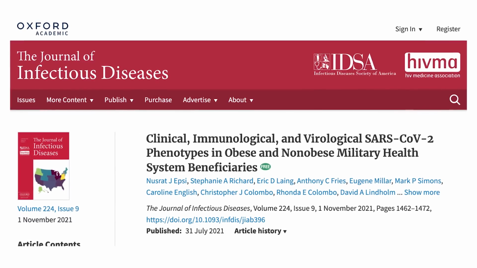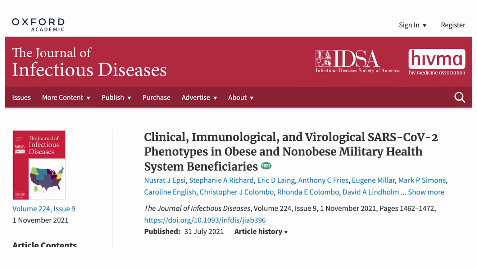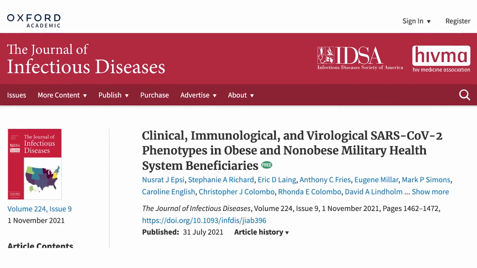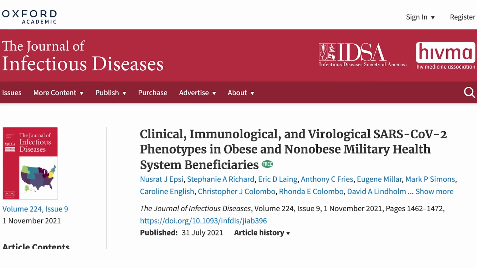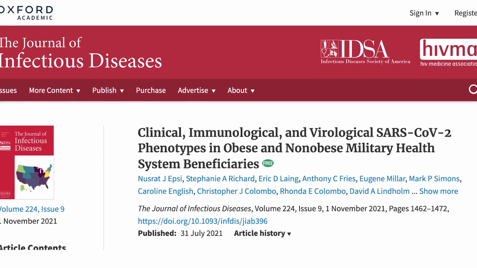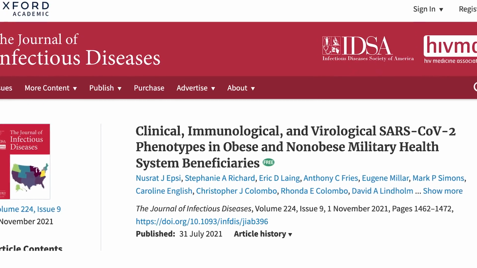A new study published in the Journal of Infectious Diseases titled Clinical, Immunological, and Virological SARS-CoV-2 Phenotypes in Obese and Non-Obese Military Health System Beneficiaries. This is a data set taken from folks who are military family members and the like who are utilizing military health system benefits. And also, of course, some folks who are in the military as well.